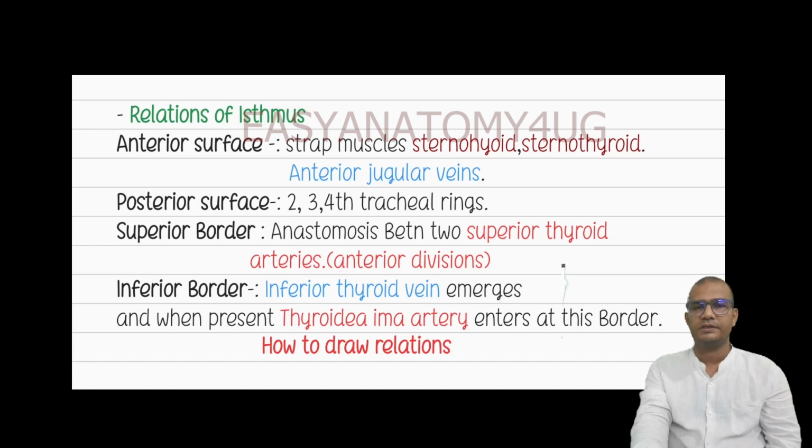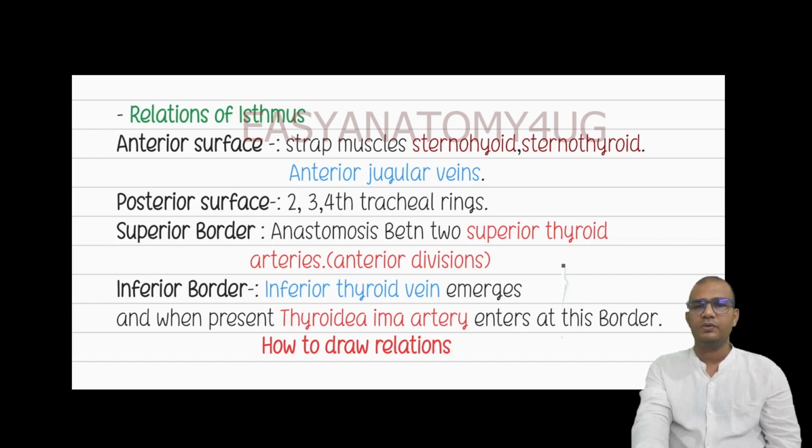This we have already discussed. The superior border is related to the anastomosis between the anterior branches of the superior thyroid arteries, and the inferior border shows emergence of inferior thyroid vein, and when present, thyroidea ima artery enters at this border.